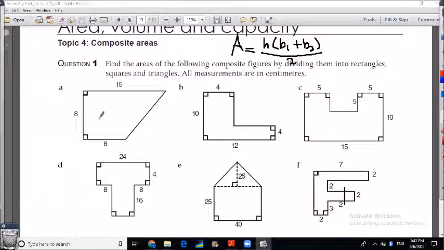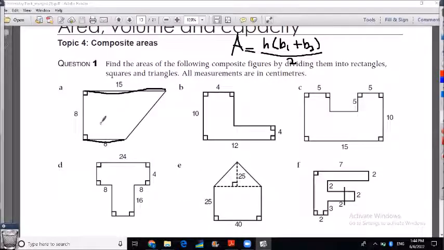So to find the area of a trapezium, we multiply the height by base 1 plus base 2. In some books, base 1 is A and base 2 is B. We add them up, and then divide the answer by 2.